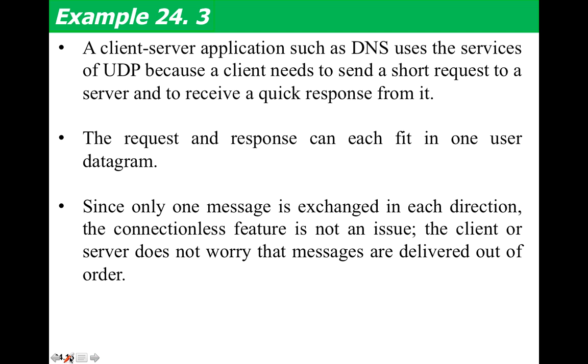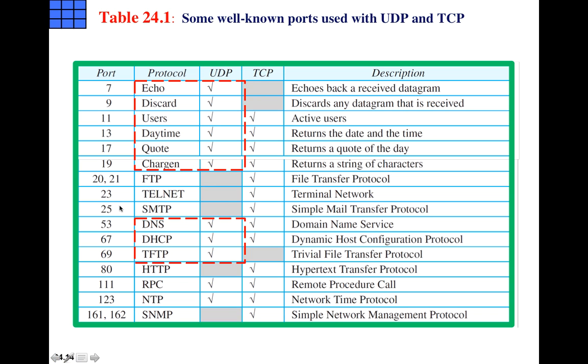If we have a client and a server, and the client wants to know the domain name for the server, it will send a DNS request to the server, and the server will respond back, and the port it will use will be 53.